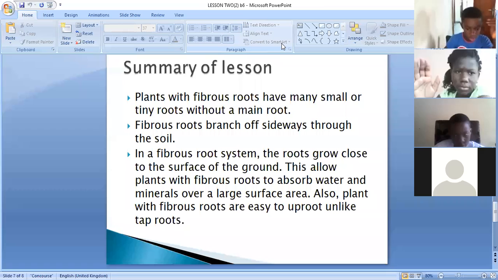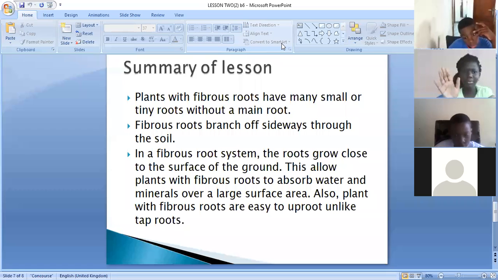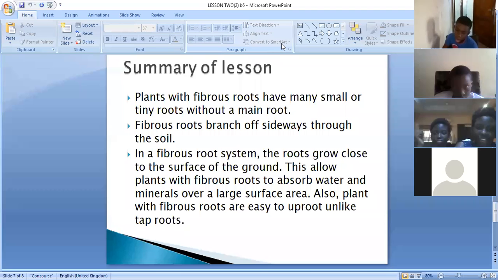Any question, please? Kathy, your hand is up. Talk to me. Please, the examples of fibrous roots. I said tomatoes are examples of fibrous roots, but sometimes I see tomatoes as a taproot.